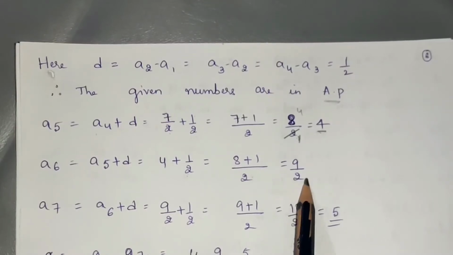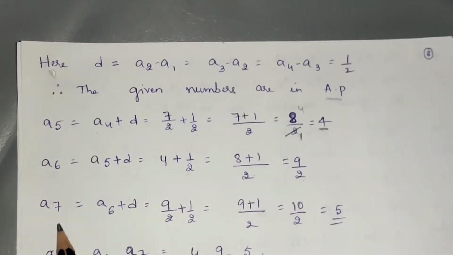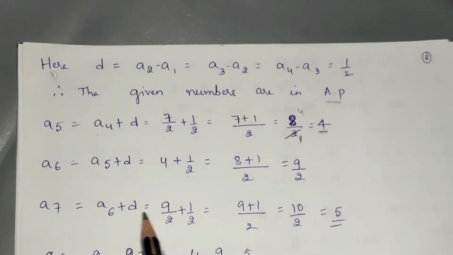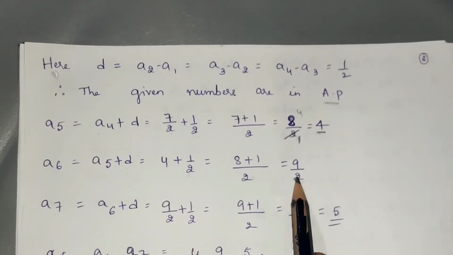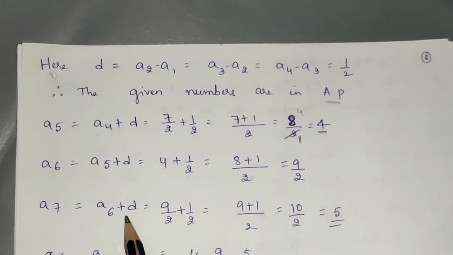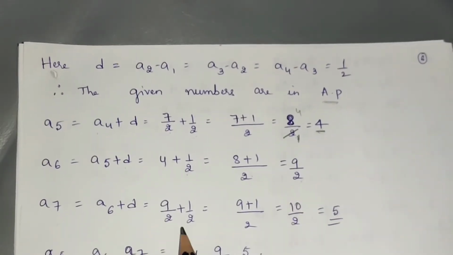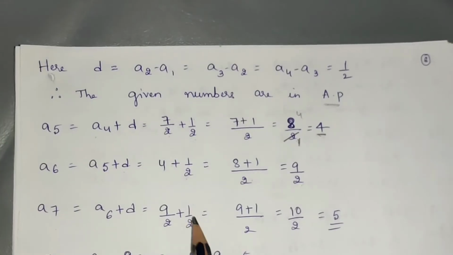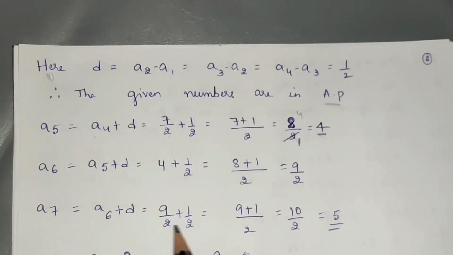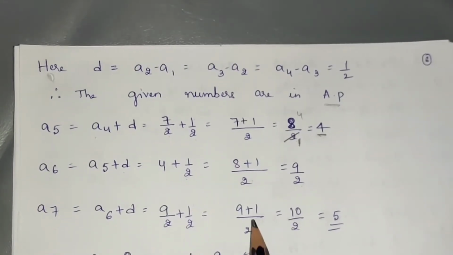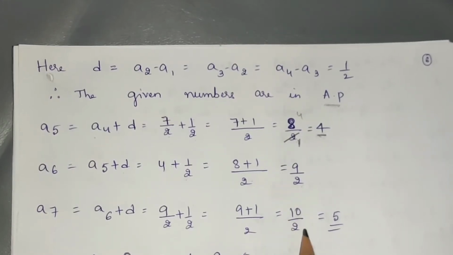Now this is the sixth term, and the seventh term can be obtained by adding 1 by 2 to the sixth term. Here A6 plus D, 9 by 2 is the sixth term. Add 1 by 2 to it. Now since the denominator is common, add the numerators, that is 9 plus 1. You will get 10 by 2.